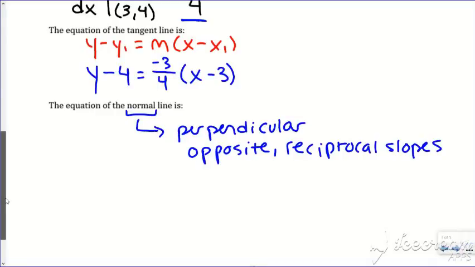Okay, so that means if I want the equation of the normal line at (3, 4), I use the same point, y minus 4 equals slope times x minus 3, but I take the opposite, make it positive, reciprocal slope of the tangent line. And there it is. That is the equation of my normal line at (3, 4).